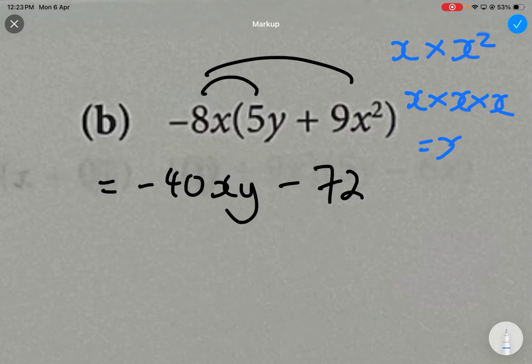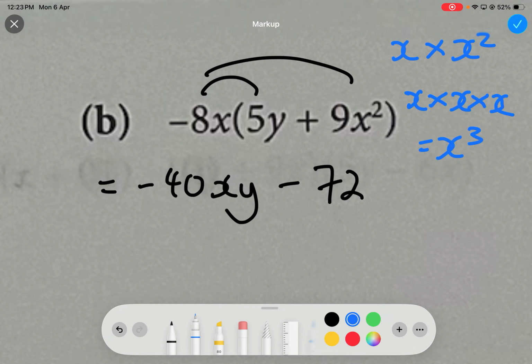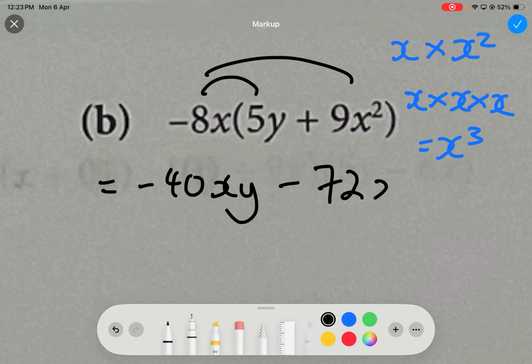So x times x squared is x cubed, because in the end we have all three of the x's. Okay? This will be your next chapter, how we add, how we multiply, and have all these indices.